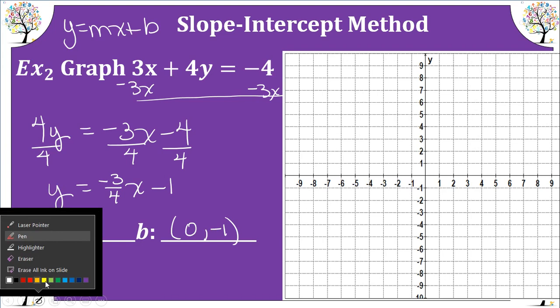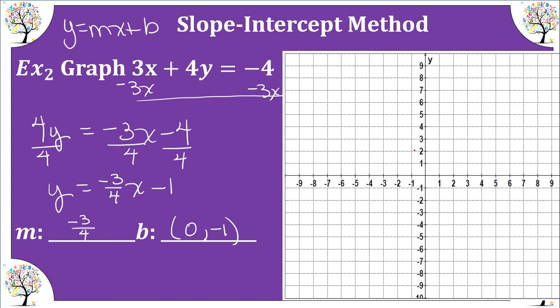Now let's plot this. We're going to start with the y-intercept, our starting point, (0, negative 1). This time our slope is negative, so we're going to go down 3 and to the right 4. Now, we know our slope is negative and it's sloping down and we're correct, but let's use the method just to practice to go the exact opposite.